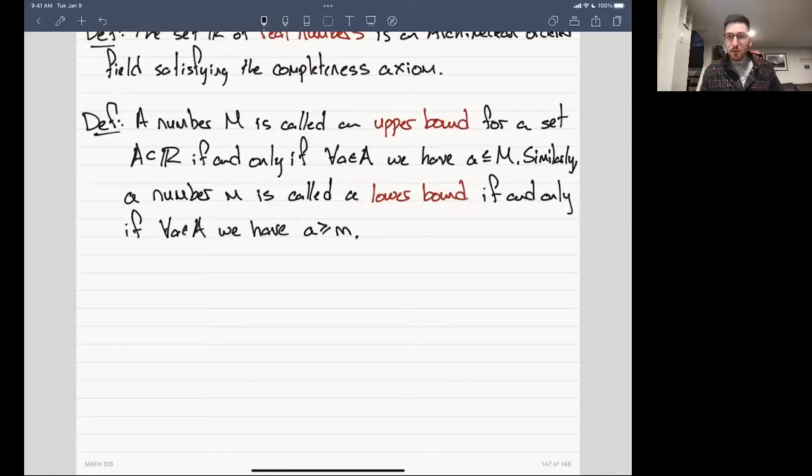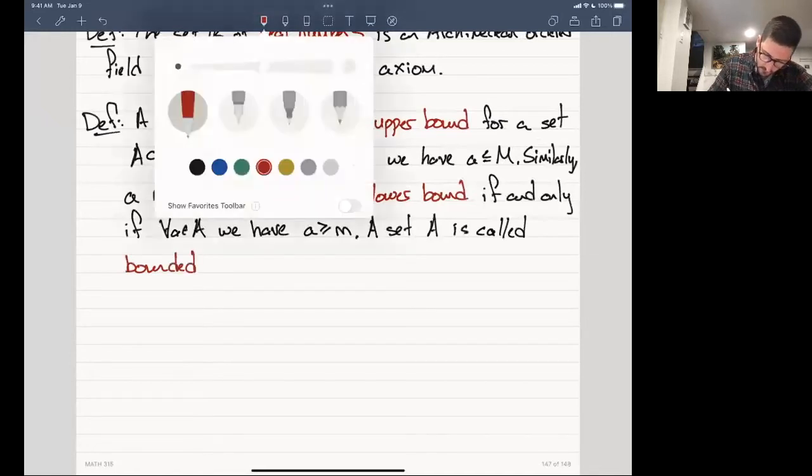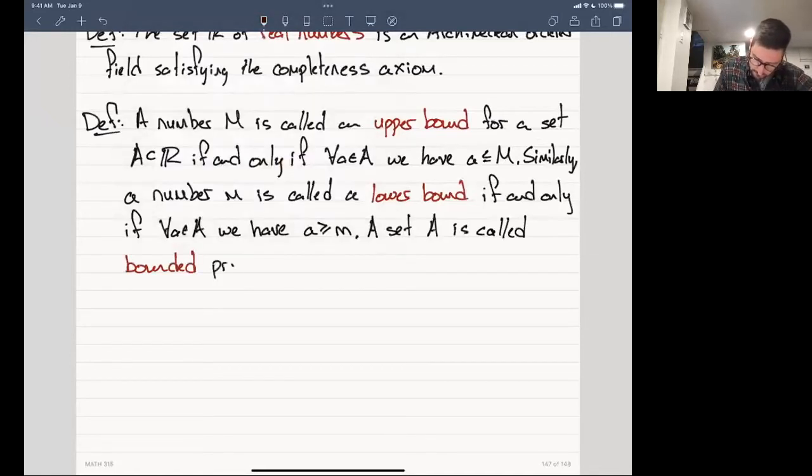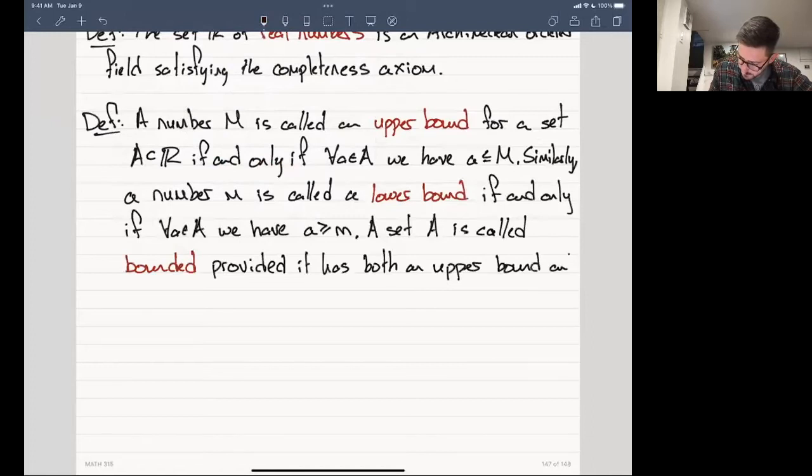Okay, then let's go a little further. We say a set A is called bounded provided it has both an upper bound and a lower bound.